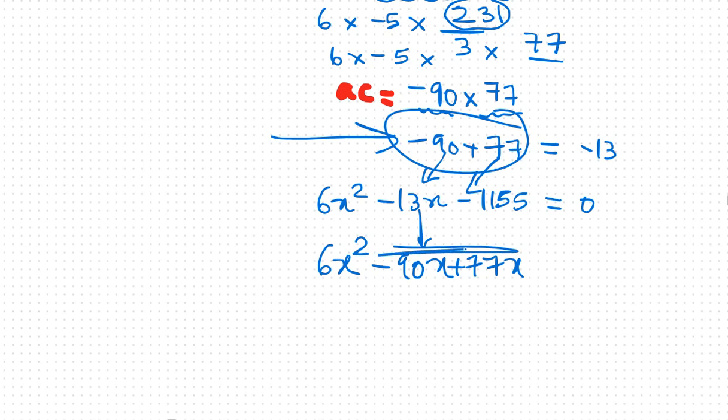This middle term, we can write it like this. That is the main objective. And then negative 1155 is equal to 0. After doing this, it's a bit simple.